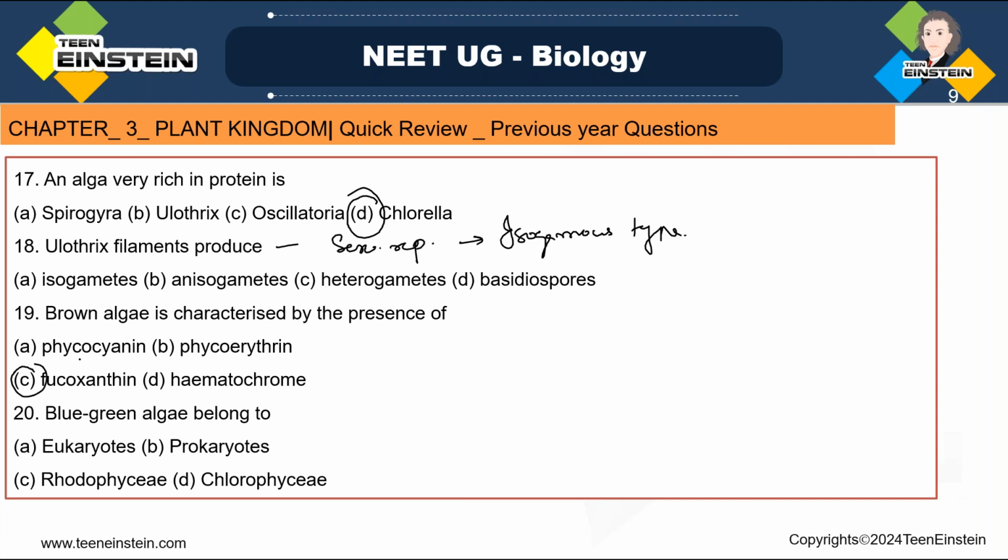So brown algae is characterized by the presence of fucoxanthin.